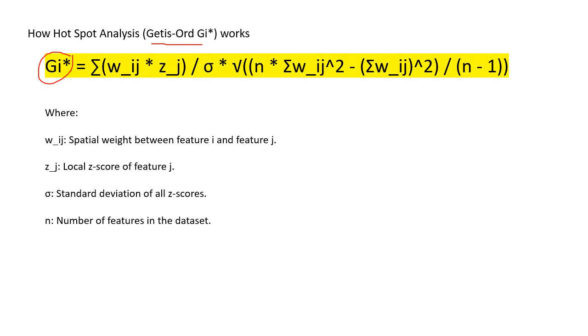Here you can see that this is the division. What is W? W is the weight. What are i and j? There are many points.